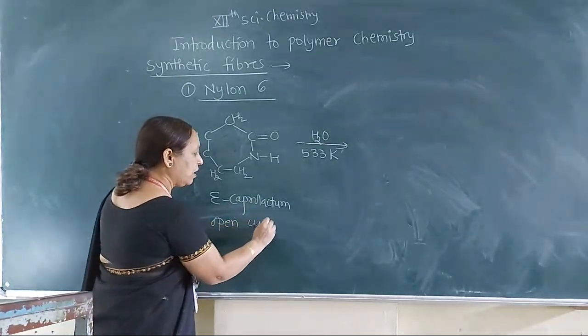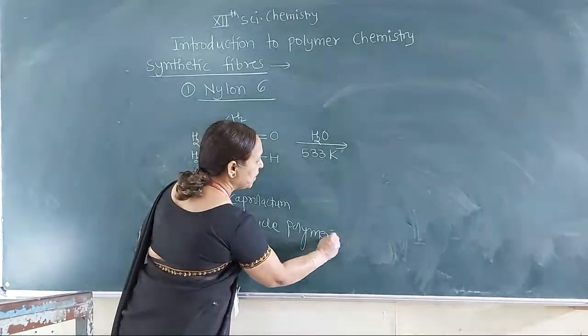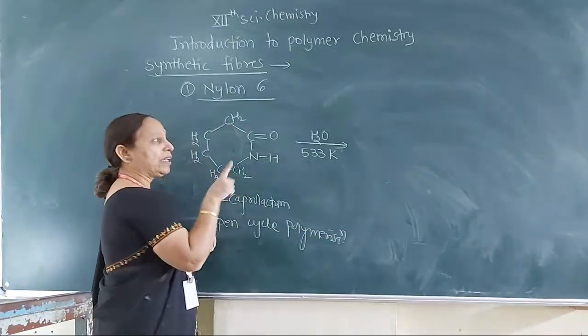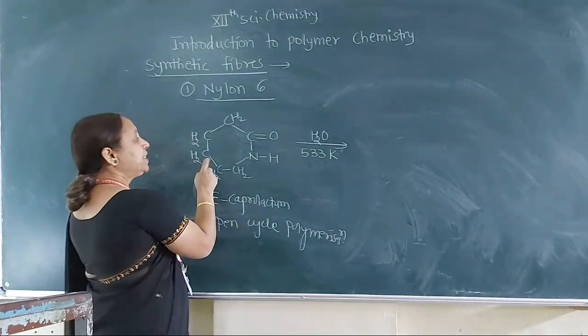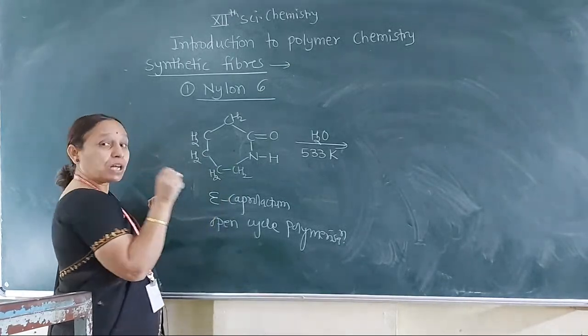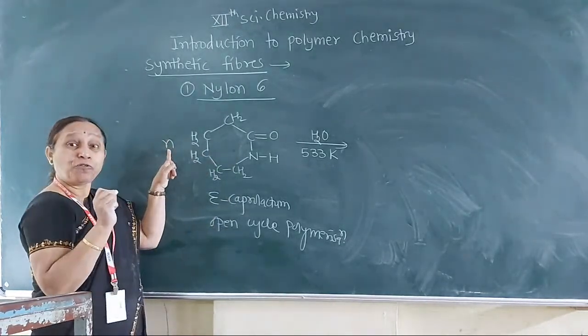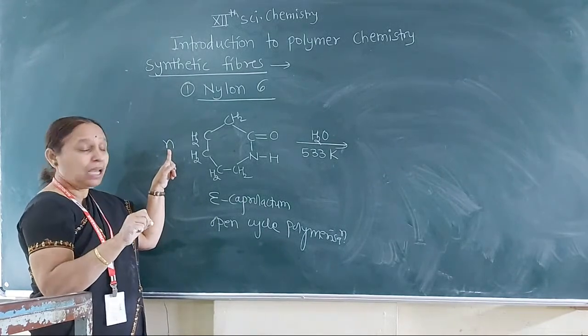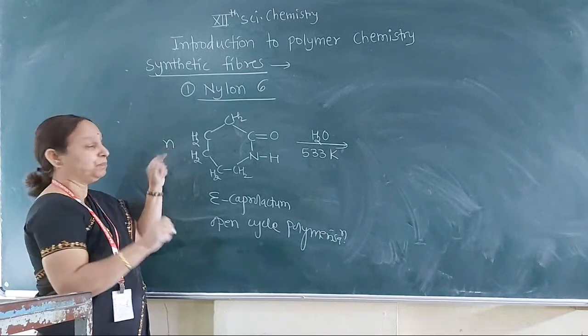When epsilon caprolactam is heated at 533 Kelvin, write n before these molecules. Don't forget to write n before the molecule of epsilon caprolactam.